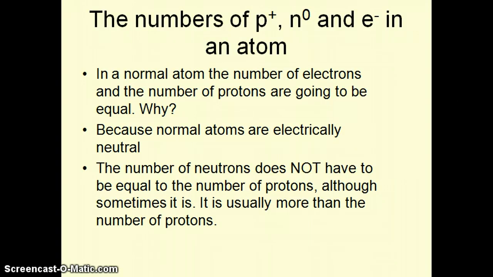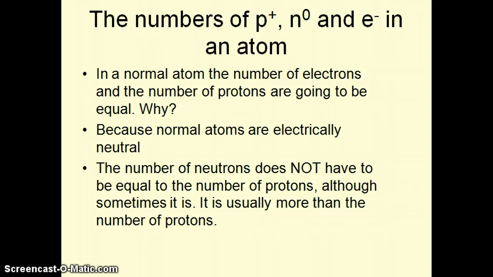Okay, and the next thing we're going to talk about here is the numbers of protons, neutrons, and electrons in the atom. The number of these subatomic particles tells us everything about the way an atom or an element is going to react. And you need to be aware that in a normal atom, that is an atom with no charge, the number of electrons and the number of protons are going to be equal.